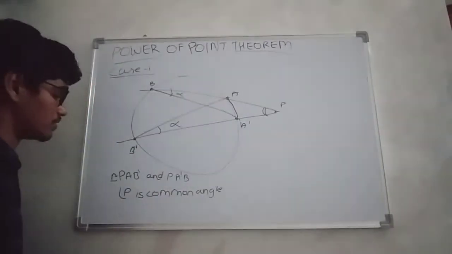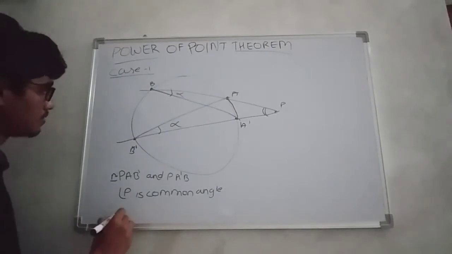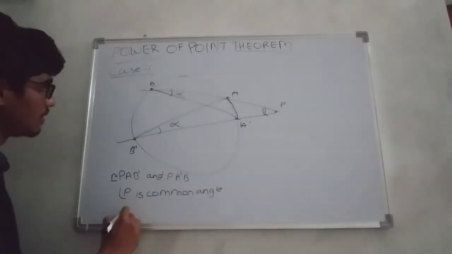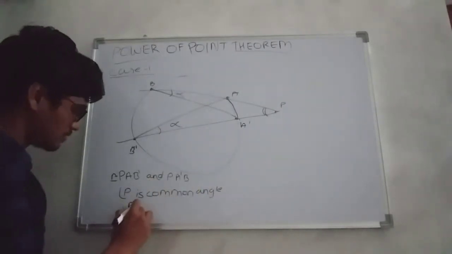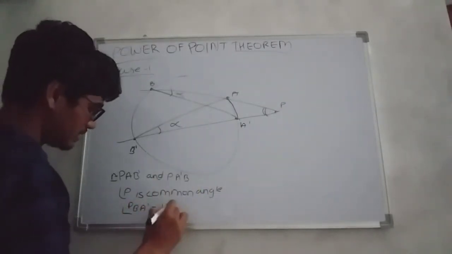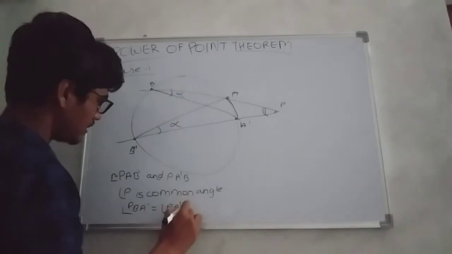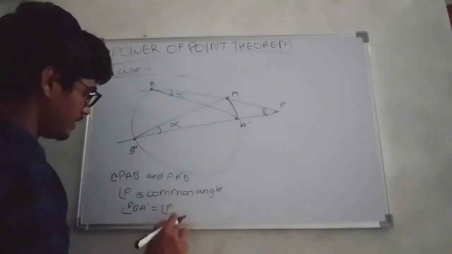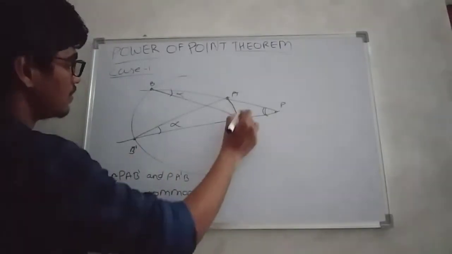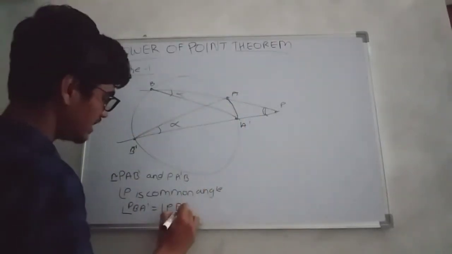So angle P B A dash is equal to angle P A dash P, angle is equal to angle P B dash A.